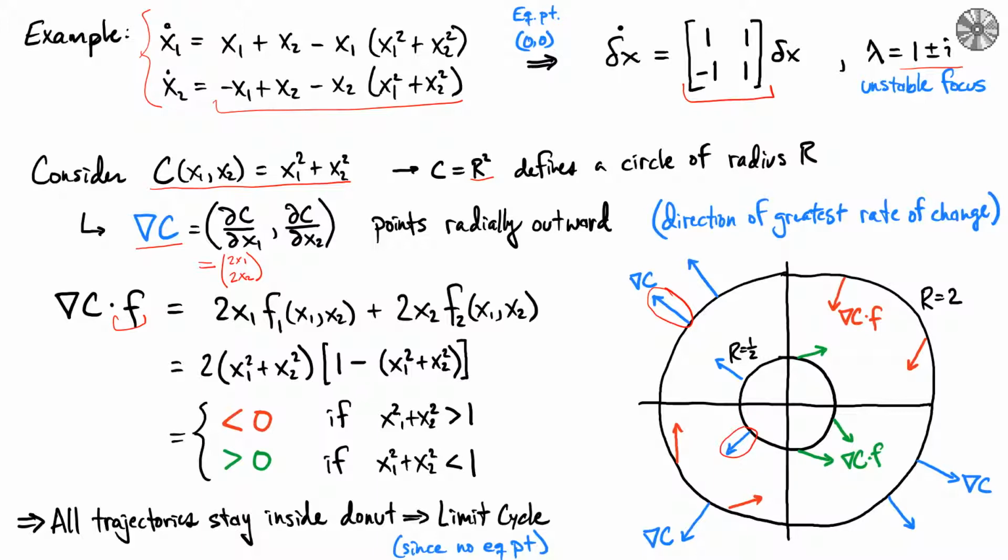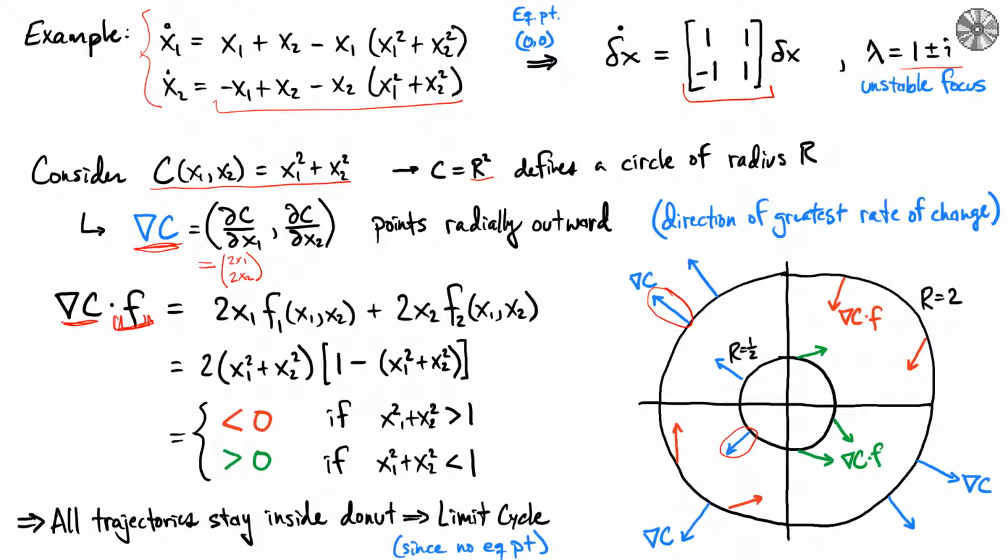So now by taking this gradient vector, which essentially expresses perfectly outward trajectories, and taking the dot product of that with the vector field f, we're going to get a quantification of whether that's pointing along the outward direction, which would be a positive number, or pointing to the inside of that circle, which would be some negative number.